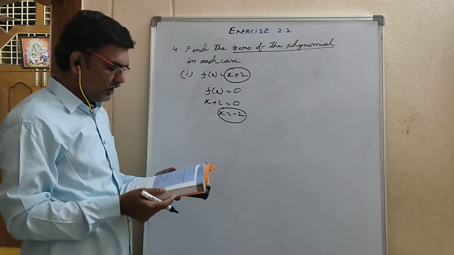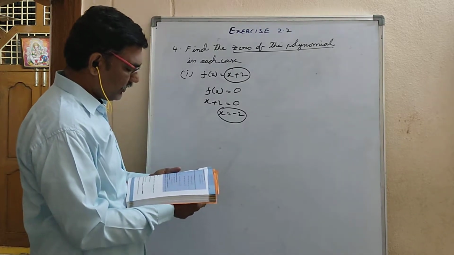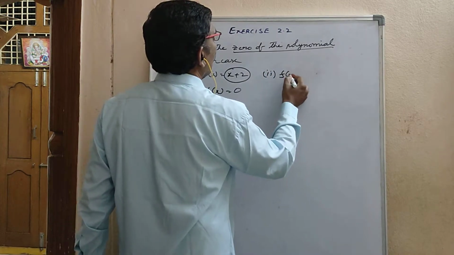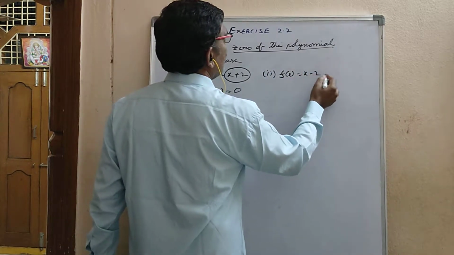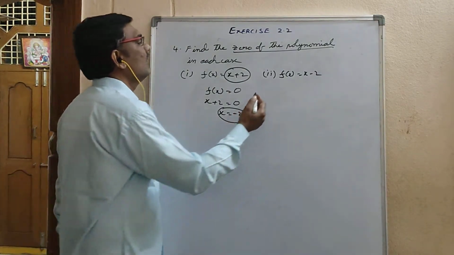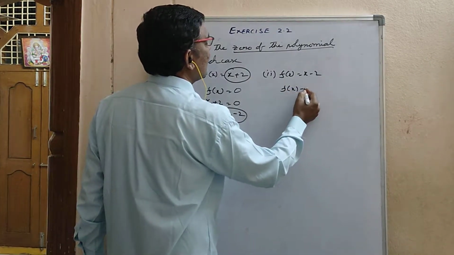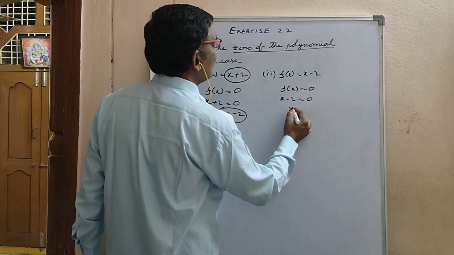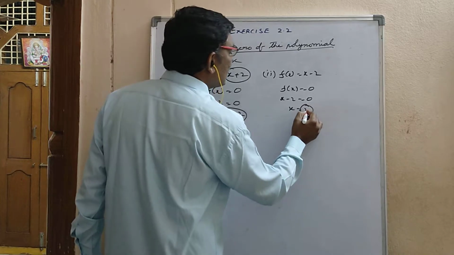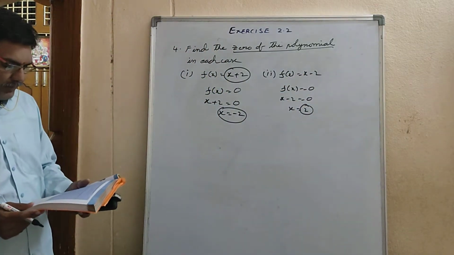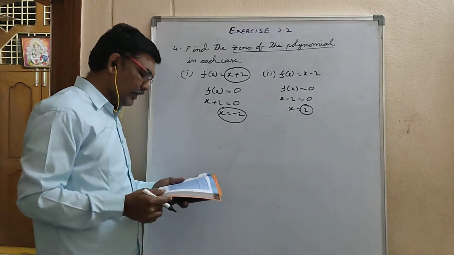Small problems. So the second question: f of x is equal to x minus 2. You can do it very fast. Make f of x equal to 0 first. X minus 2 is equal to 0. X is equal to 2. This 2 is called the zero of this polynomial. Like this you can do the remaining ones.